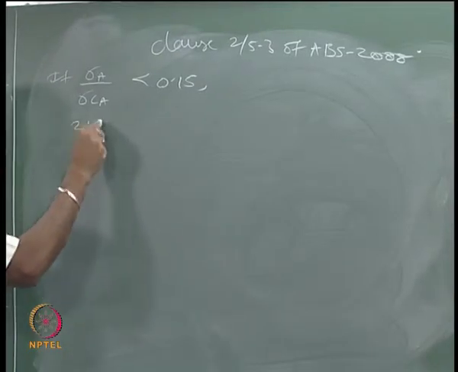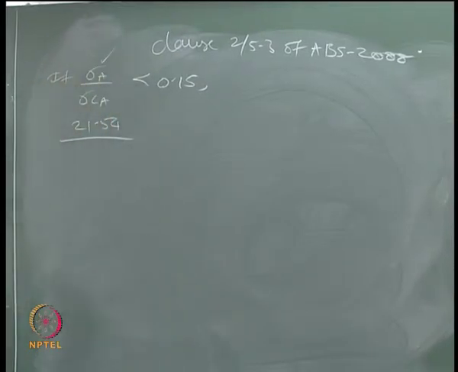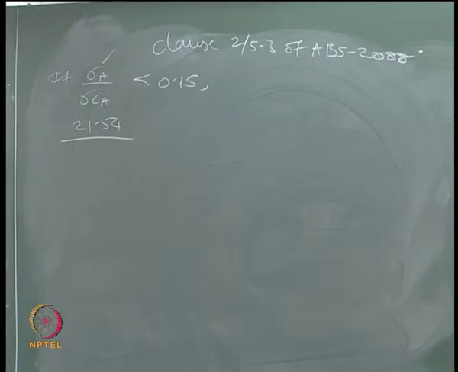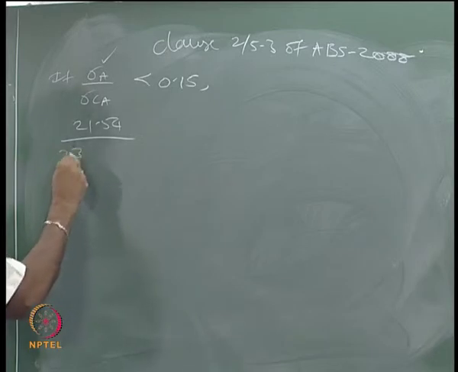So 21.54, that is what I computed from the first step. Sigma Ca I just computed, 231.84.